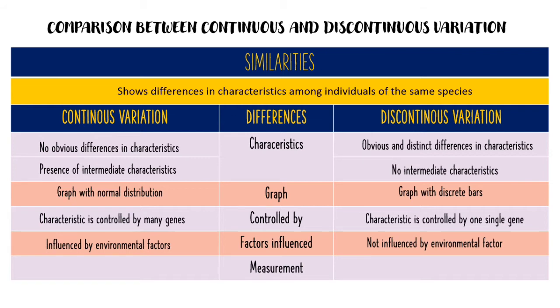Discontinuous variation is controlled by genetic factor. In terms of measurement, continuous variation can be measured and is quantitative, but discontinuous variation is qualitative and cannot be measured.